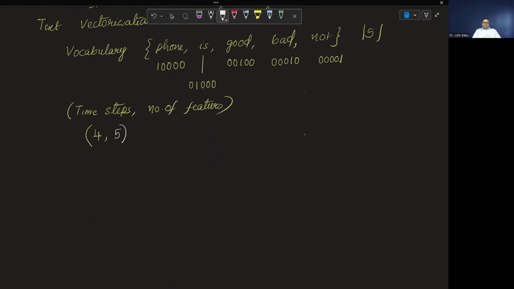So let us say I'm doing this when t is equal to 1. My input is phone, the first word. And what is the code for that? 1, 0, 0, 0, 0. If you draw a diagram, this is 1, 0, 0, 0, 0, 4 zeros. So this is my input layer.